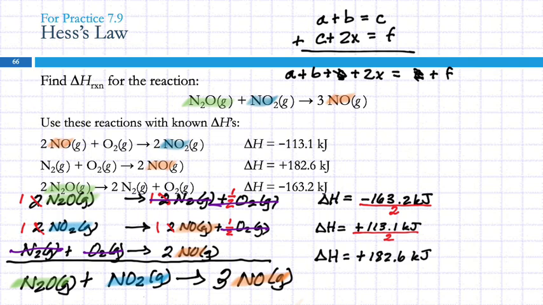So our chemical equation came out right. Now what we need to do is add up our delta H's. So I have negative 163.2 divided by 2 plus 113.1 divided by 2 plus 182.6 equals.